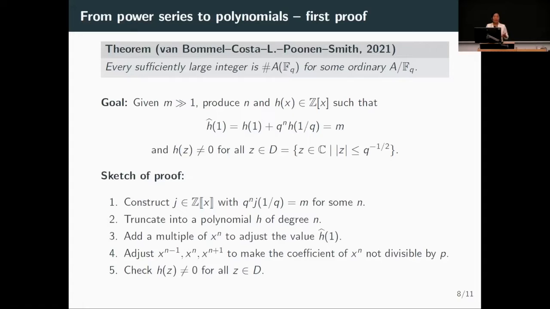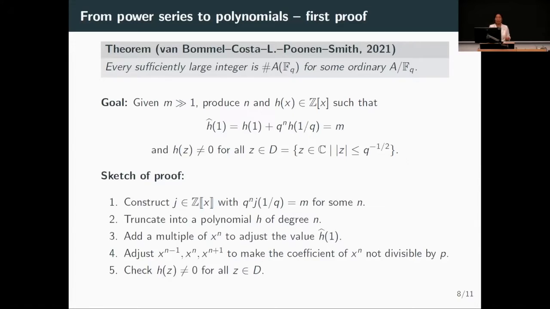If it is, let's adjust it a little bit again, and simultaneously adjust the coefficient next to it, to make sure that when I evaluate at 1, the value doesn't change. But now my coefficient for x to the n is not divisible by p anymore. We do this to guarantee the abelian variety is ordinary.